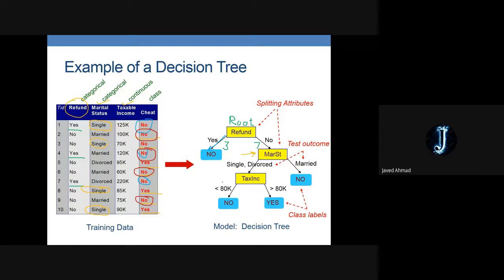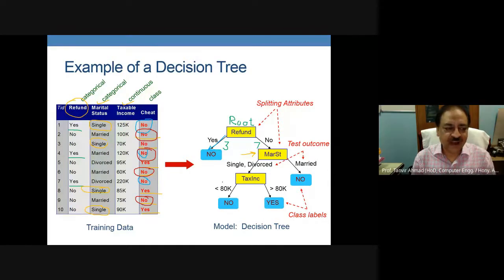That means all 4 are having the same output, so that generates a pure partition. All 4 are no. Therefore, there is no need to go further, because if you go further down, you will always get a no only. Therefore, I am going to replace this by no, because this is going to generate a pure partition.